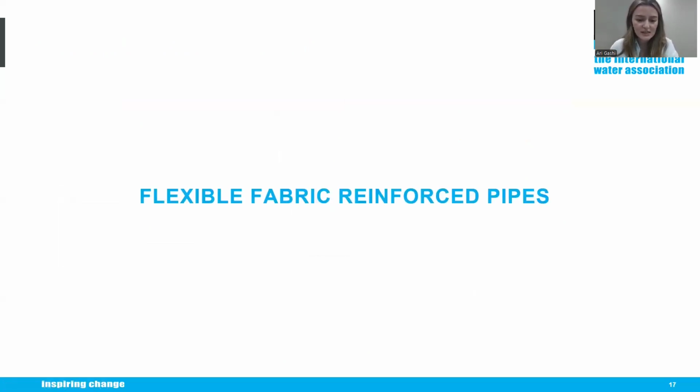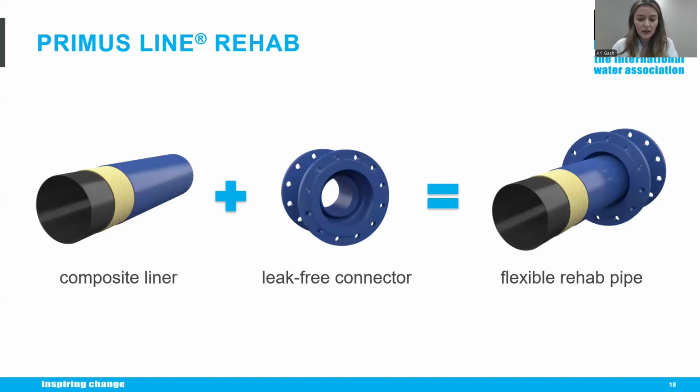Now that we've looked at the general concept of trenchless rehabilitation, we will look at FFRP. One example for this technology is the Primus Line system, which has been used in drinking water, wastewater, gas, and industrial applications all over the world. So now you ask, what does the system consist of?